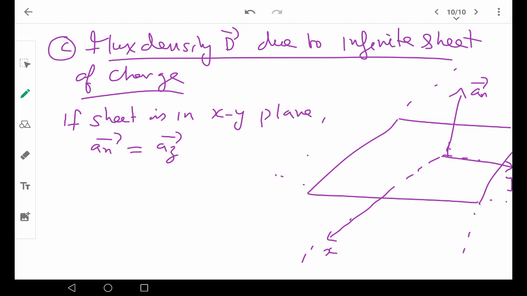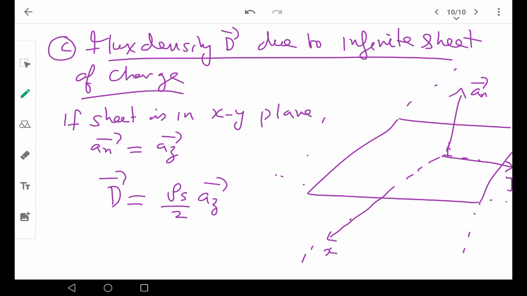If it is in the yz plane, you will have an equal to ax. If it is in the xz plane, an equal to ay. So you can write the flux density as D equal to rho s by 2 az. In general, it is rho s by 2 an.